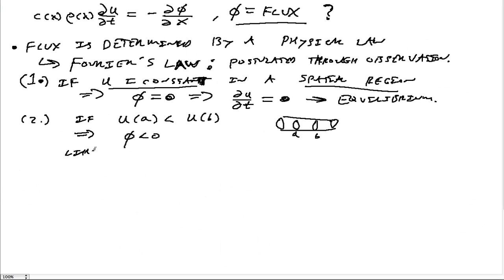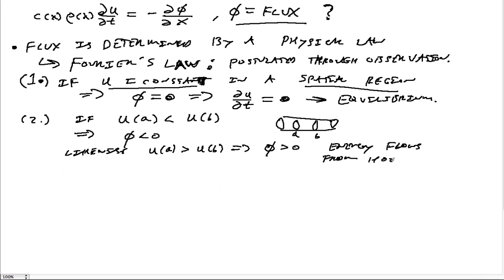Likewise, if u of A is bigger than u of B, we would say that the flux is going to be positive. And this is just saying that energy flows from hot to cold. That is the word description of this statement here.